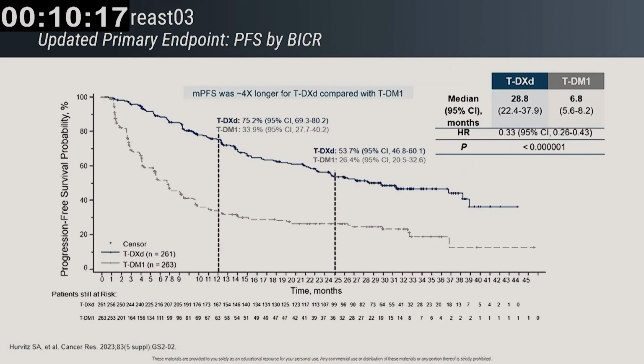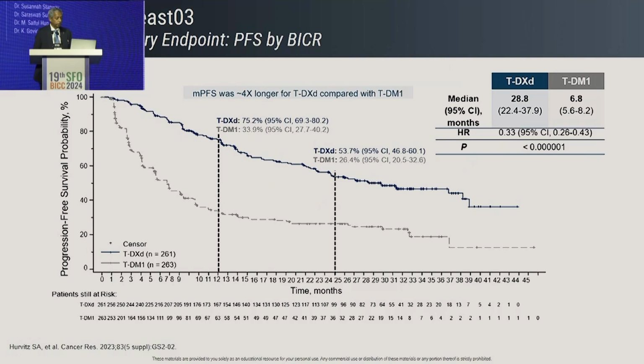So this is Destiny 3 again, which was looking at the updated primary endpoint, which was PFS. You can clearly see the separation of these two curves, and that is showing you how advantageous it is to use this new ADC.